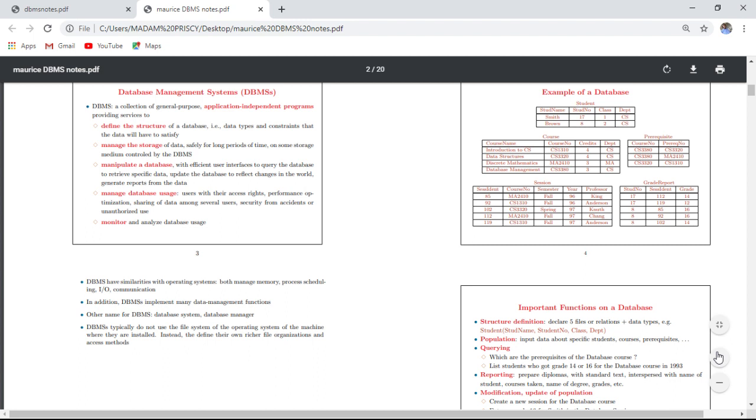So, your session table: the student name, a number. Okay, your course number, that is the schema.